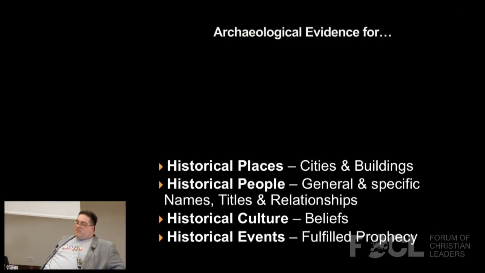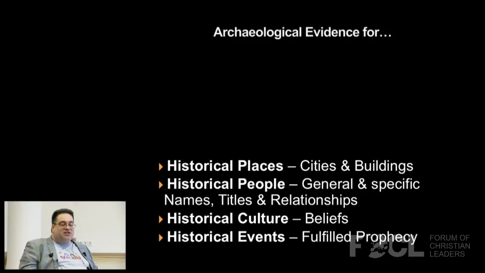So let's begin with looking at a number of categories that we can look at archaeological evidence within to give us a sort of framework. We can look at evidence for historical places in terms of cities or down to individual buildings. We can look at evidence for historical people, their general specific names, their job titles, even their relationships between people we can prove with archaeology.